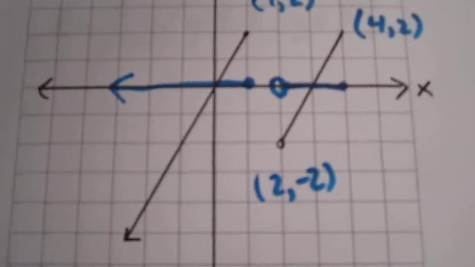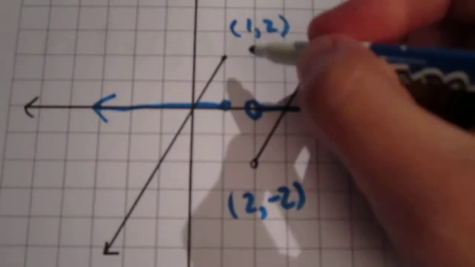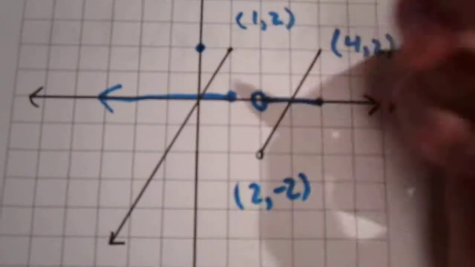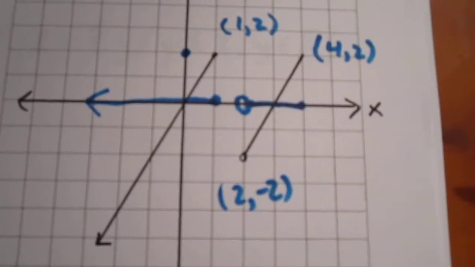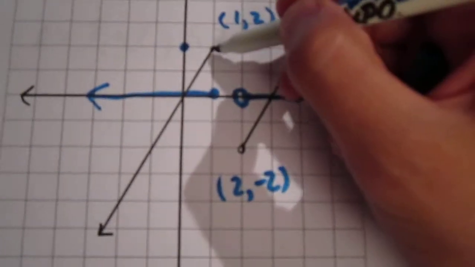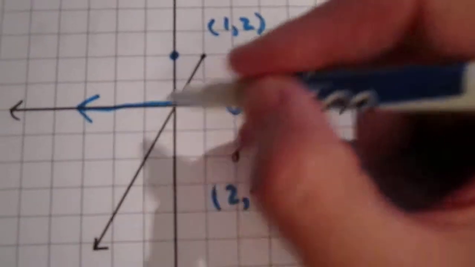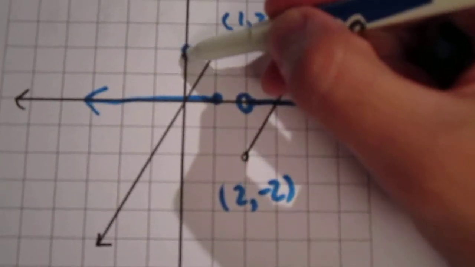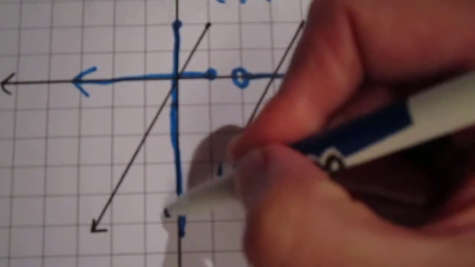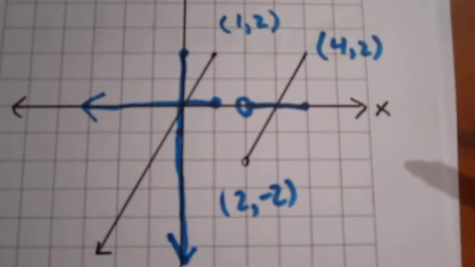We come back here now to look at the range. Starting at our point (1, 2) again, we go to our vertical value of 2 on the y-axis, and as we proceed to the left along this curve and consider every point, we realize that we're going to be proceeding down along the y-axis infinitely low.